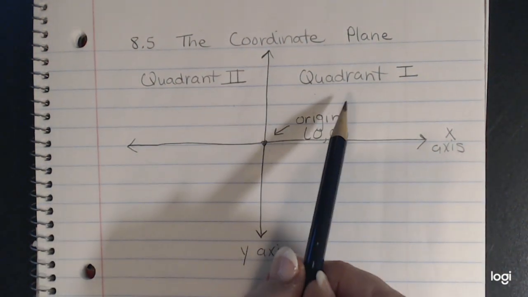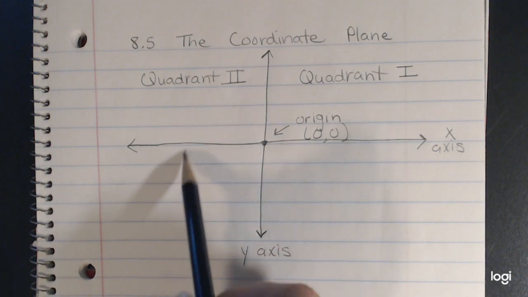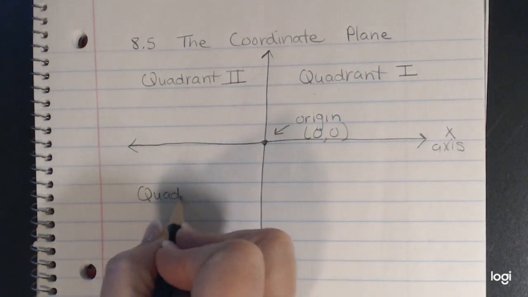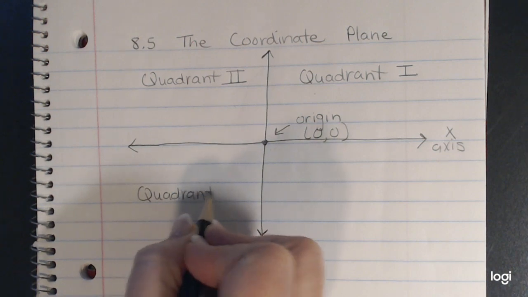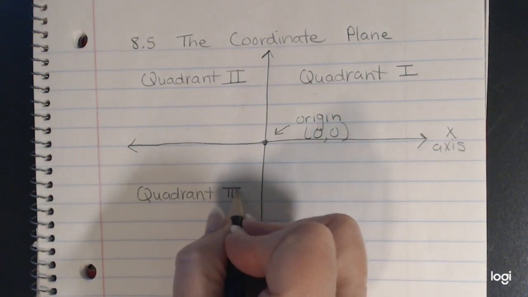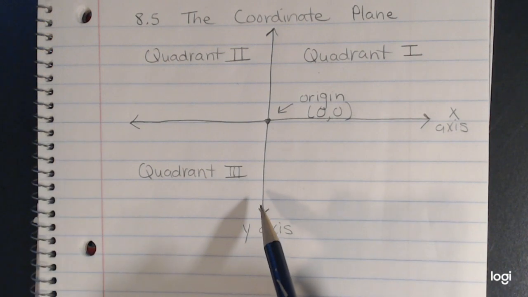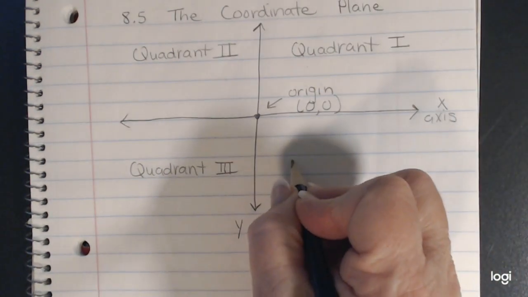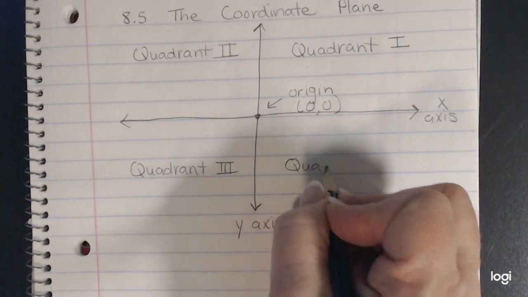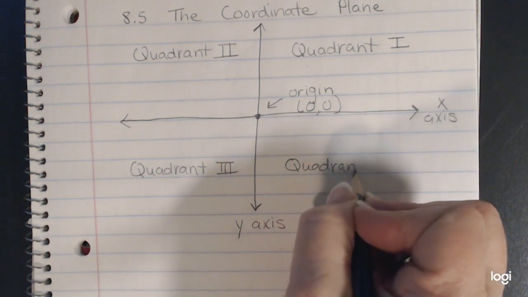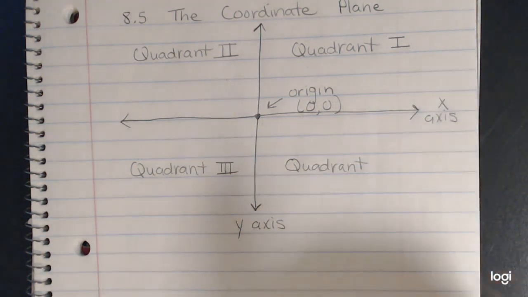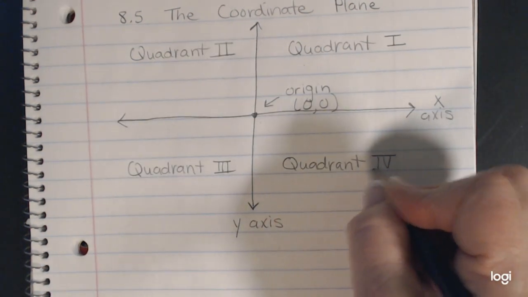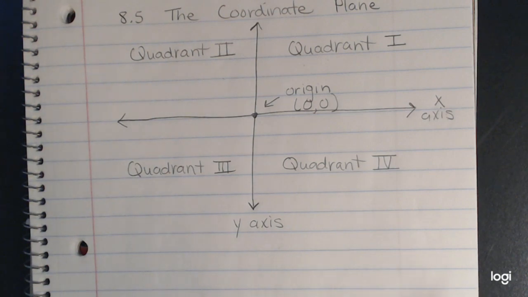If we continue to keep going counterclockwise, we would go down here and have quadrant 3. I've never really known why they used the Roman numerals to label the quadrants, so maybe somebody could find that out for me and let me know. In the last quadrant, we have 1, 2, 3, and to write a Roman numeral 4, we write it like this, an I and a V.